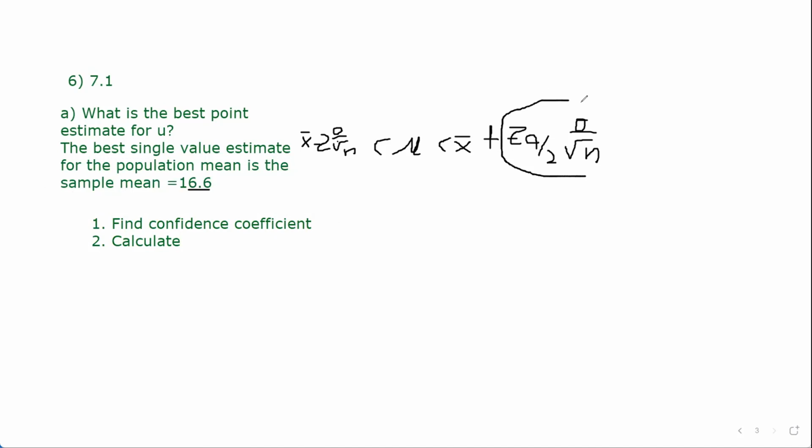You're going to calculate that error term. And then you're going to just add or subtract to find the boundaries of your interval.